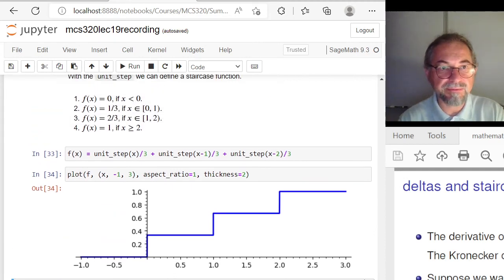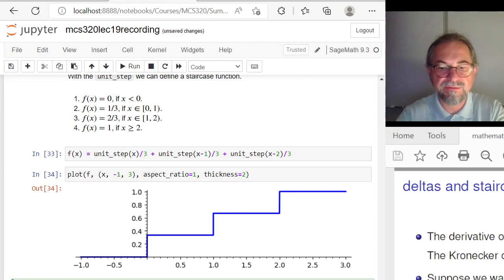So the rule is set up in this way that the unit step most likely takes the value 1. Yes, so we have said that the unit step at 0 is 1. So that means that indeed I have 1/3.